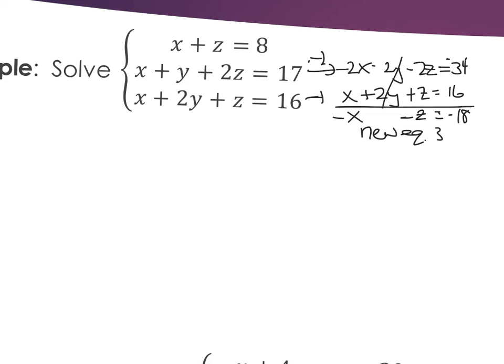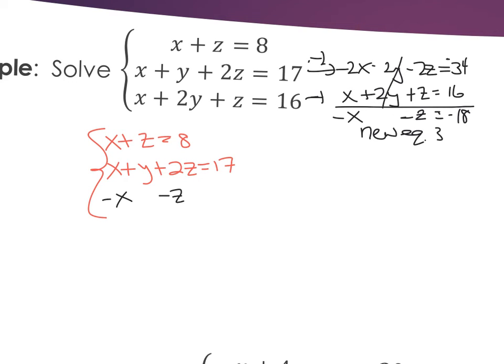So remember, we're going to rewrite our system. We're going to use old equation 1, old equation 2, and new equation 3, which we found to be negative x minus z equals negative 18.